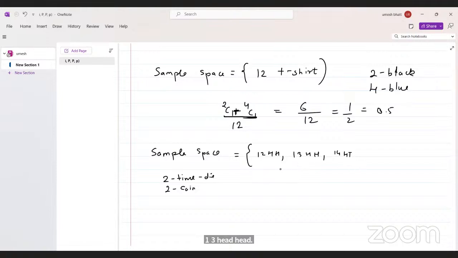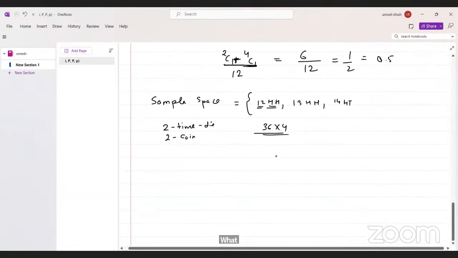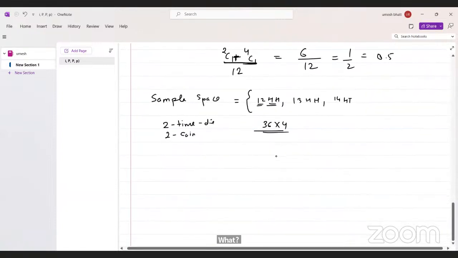How many outcomes are there in total? 36 into 4. Okay, 4 for head and tail combinations and 36 for the die. Any doubt in this? Why 36 into 4? No doubt, sir. 36 into 4 is okay.